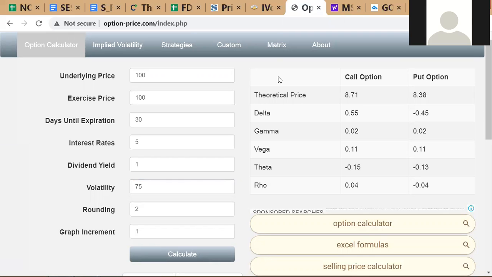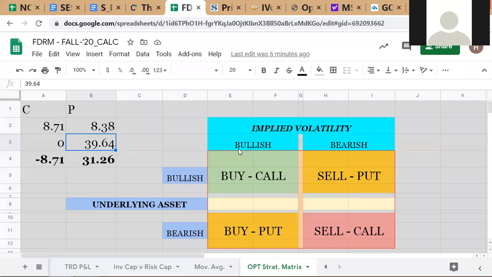Here you notice, Vipul, what is the intrinsic value of the put option here? 0. Correct. So what is the time value of the put option? 8.38. Okay.